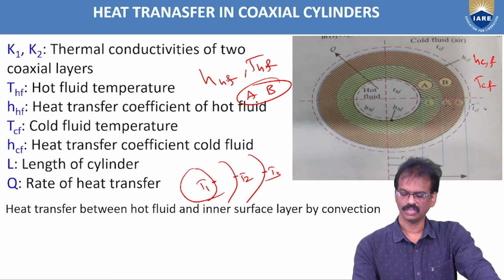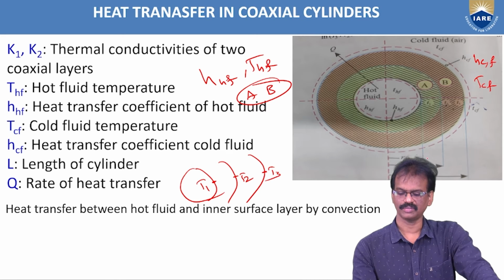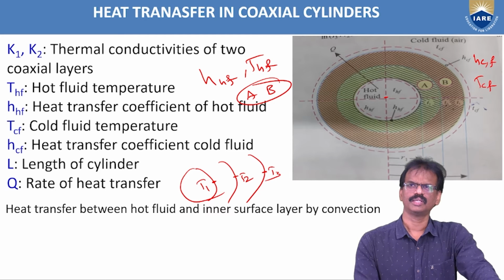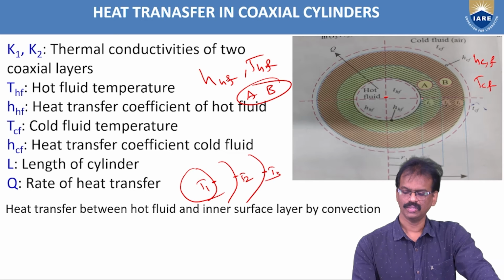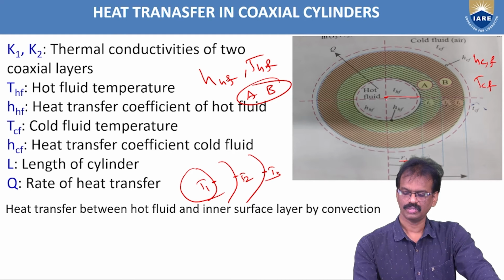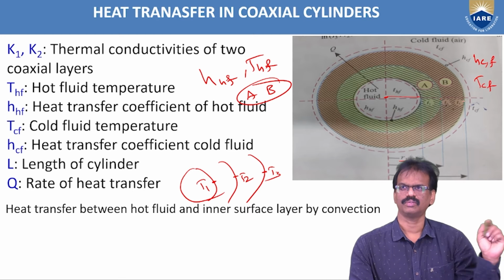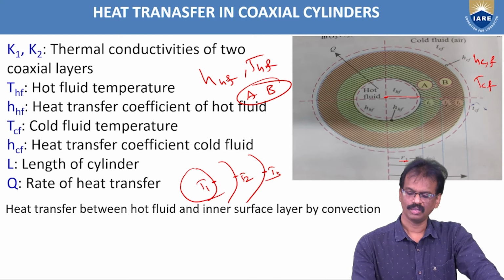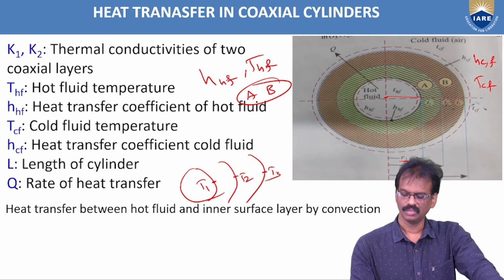See here also, consider the radii from the axis; these are coaxial cylinders, so these cylinders have the same axis. From the center point, this is R1. Next, the outside layer thickness, that is R2. Next, the outside radius of the next layer B, that is R3.